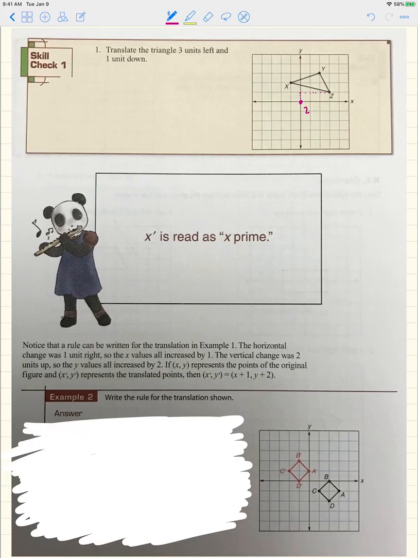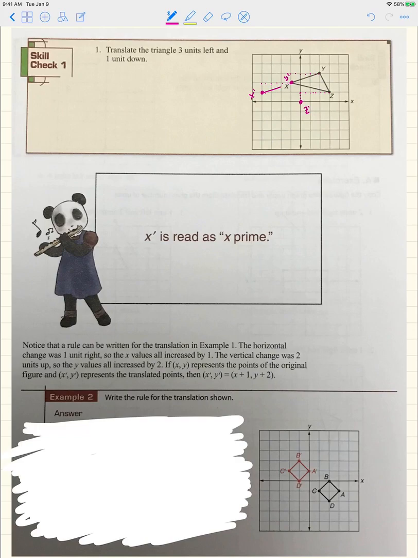So this is Z prime. I'm going to work with that y point, 3 units left. There's 1 unit, there's 2 units, there's 3 units, and 1 unit down. Oh, it's right on top of X, that's okay. There's y prime right there. And then X, 3 units left, 1, 2, 3, and 1 unit down becomes x prime.